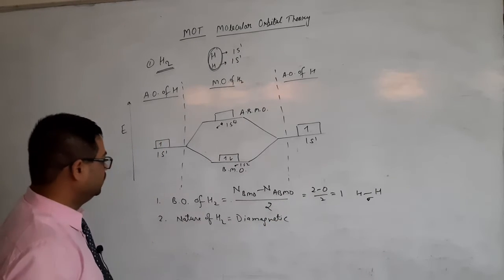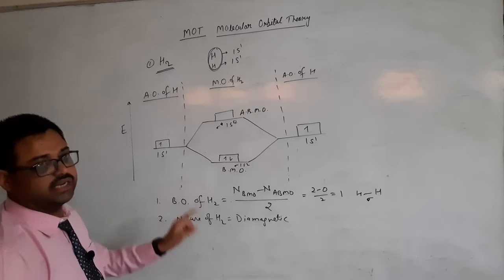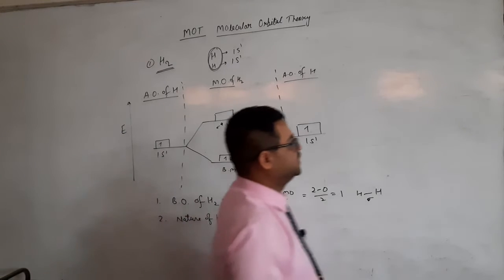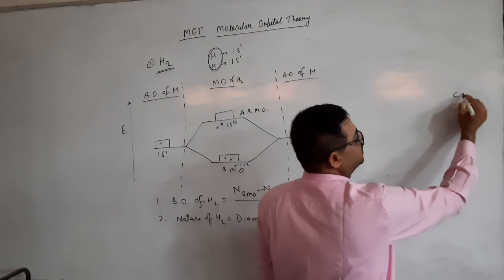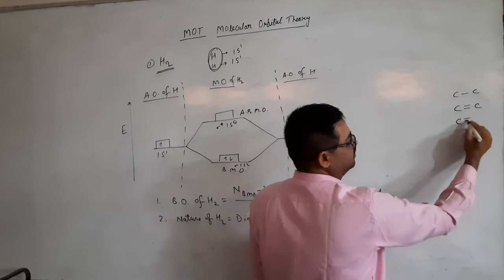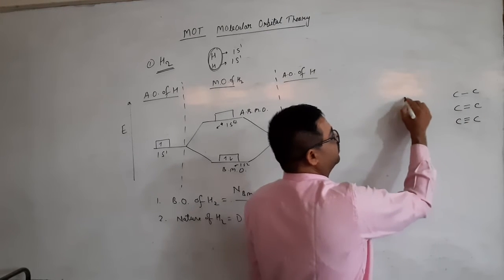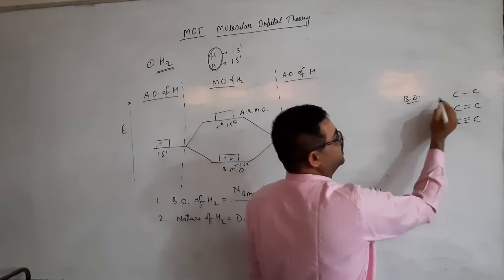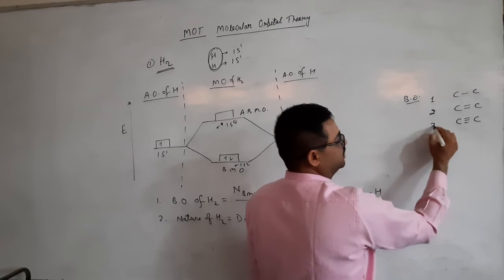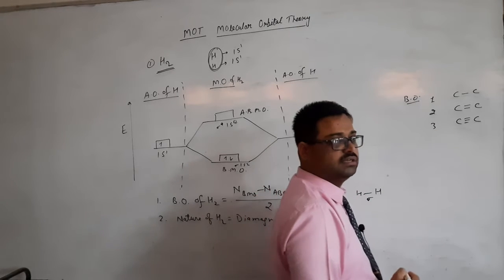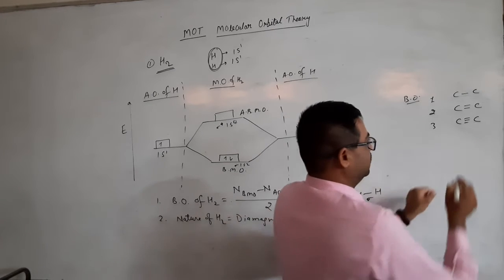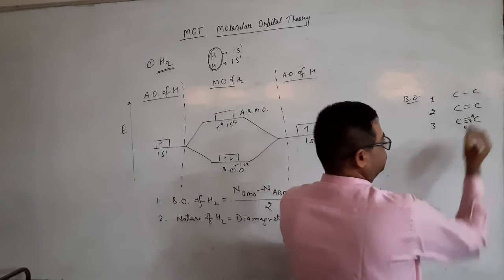Clear? Bond order is directly proportional to bond dissociation energy. Let me explain this very clearly. Carbon can have a single bond, a double bond, or a triple bond. So if I am talking about bond order, one single bond is one, two bonds is two, three bonds is three. Clear? We require more energy to break the triple bond because it has 1 sigma and 2 pi.